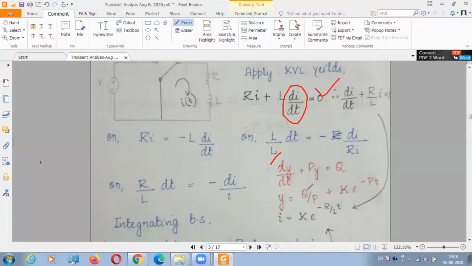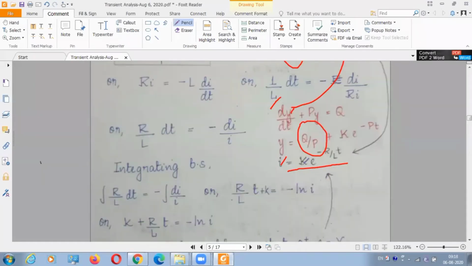So if you compare this equation with this one, I is equal to y, and q by p, what is the value of q over here? 0. So this part becomes 0. Now k e to the power minus pt, what is p? R by L. So k e to the power minus R by L t.